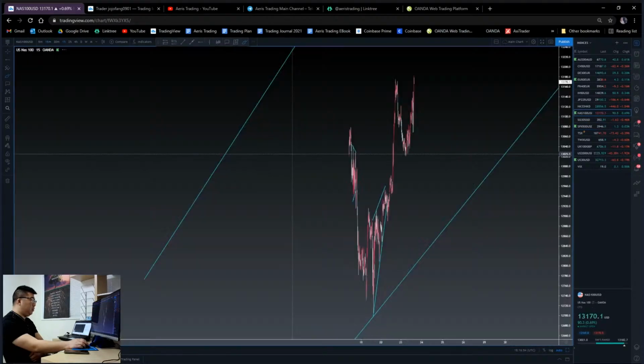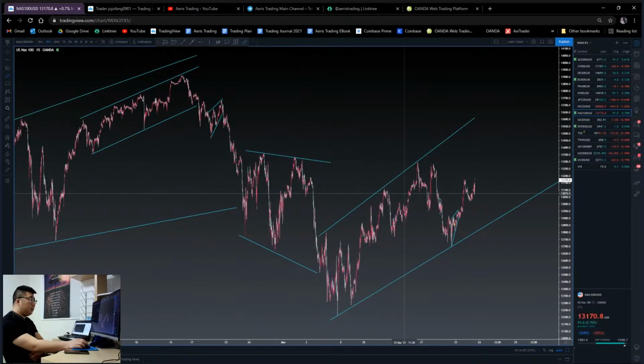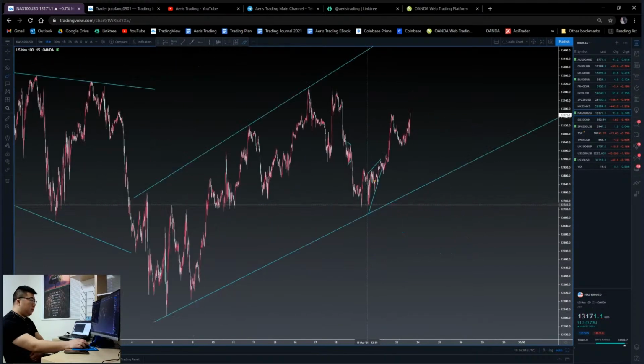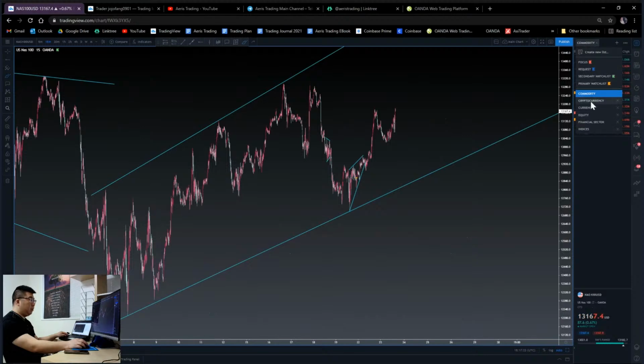I'm assuming you're talking about this one. I moved it to break even because when price impulsed down, I wanted to protect my capital. I can't choke the price and then let the price take me out and then resume the trend. That would be more emotional. But there is really no difference. There's no right and wrong as a trader.